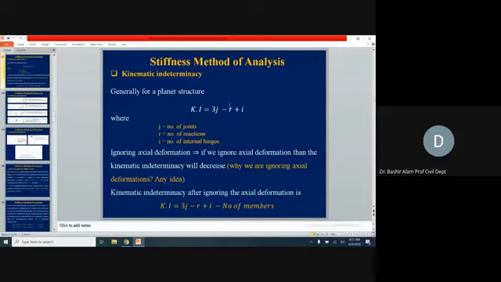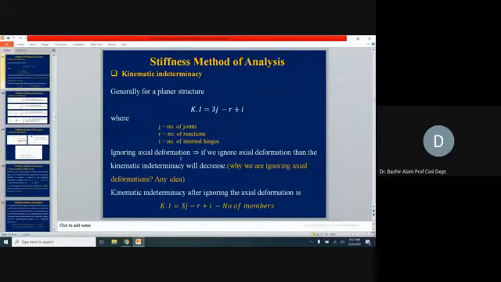So 3j minus r. And if you have an internal condition, then plus i also we include. If you remember, in the case of the internal hinge, what was the kinematic indeterminacy? Instead of 3, it was 4. So because of that, we include the number of hinges.